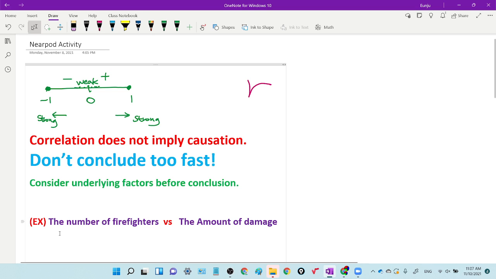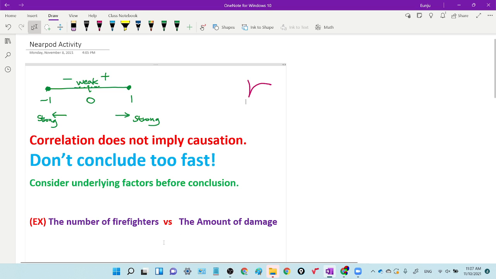So consider finding all underlying factors before you make any conclusions. So let's think about one example, okay? I have a number of firefighters versus the amount of damage. Are they related to each other? So I need to collect the data and then I need to analyze, right? So let's say Mi-jung concludes that because of the number of firefighters, we have more damages.